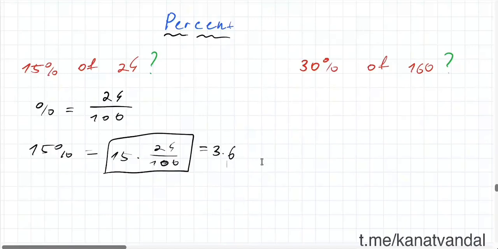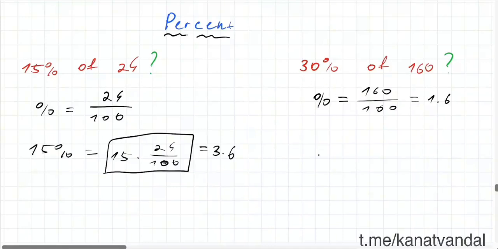And here is the second question. What is 30% of 160? Let's firstly figure out what is 1% of 160. 1% of 160 is equal to the division of 160 by 100, and it will be equal to 1.6. And we are interested in calculating 30 such percents, right?